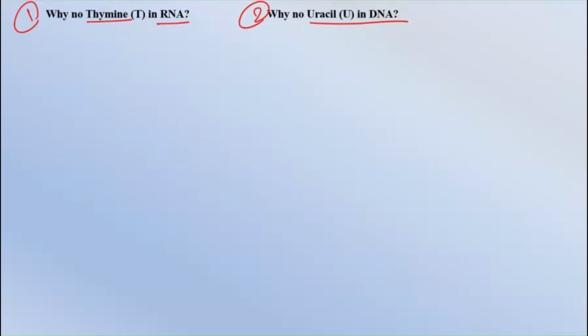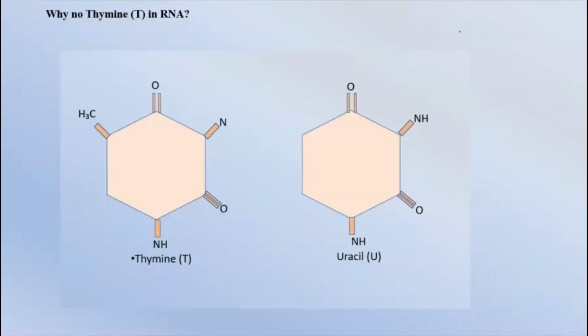Let us start with the simpler explanation, which is why is there no thymine in RNA, right? Now, chemically, uracil is like thymine, but without the methyl group, okay? And the reason that RNA really does not contain thymine, first of all, thymine making uracil is simpler. It's cheaper.